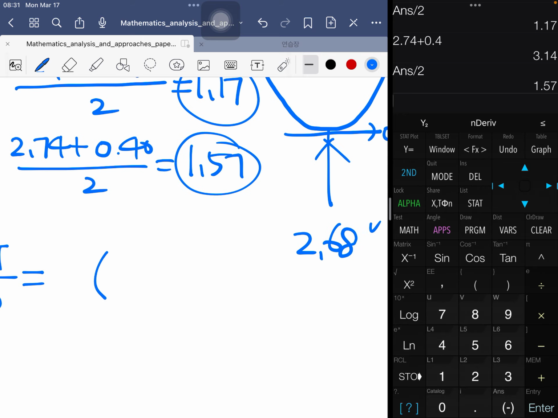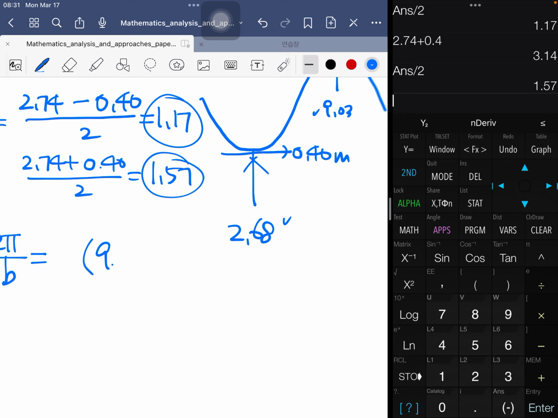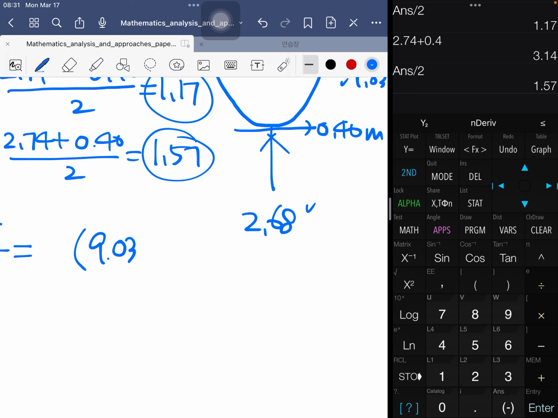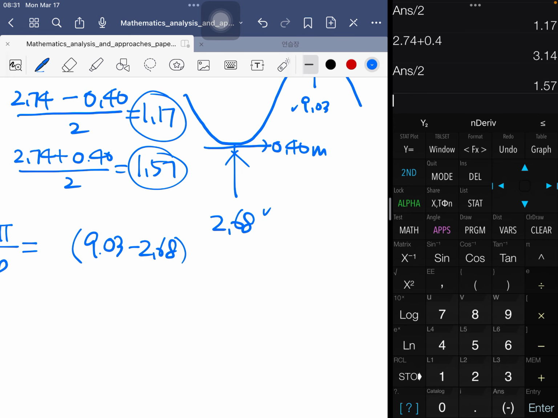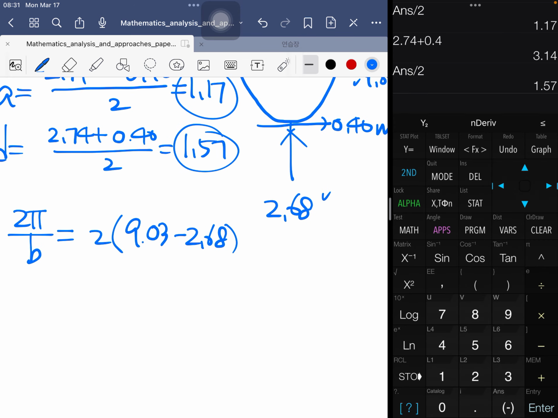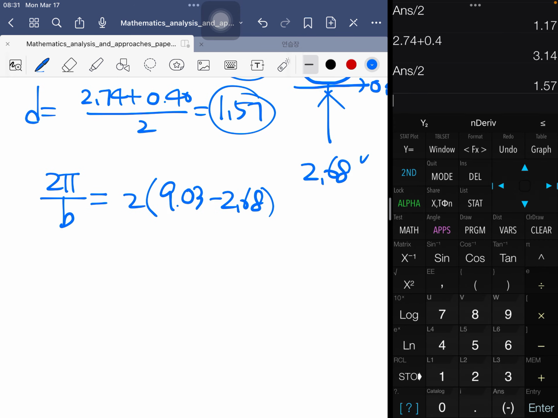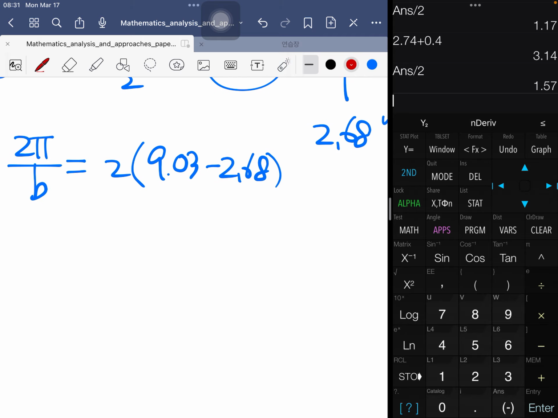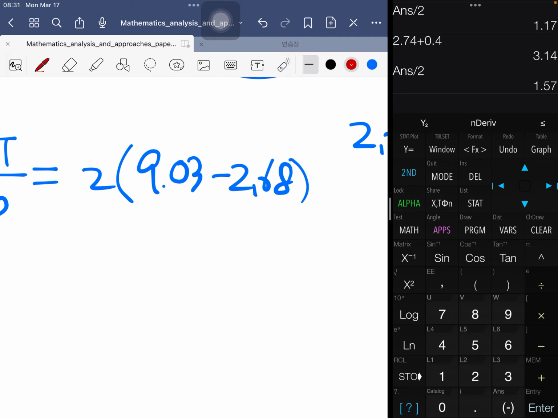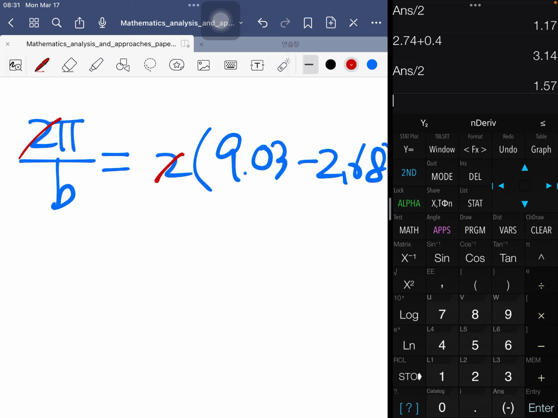So 9.03 minus 2.68 is a half period, times 2. The full period is 2 times the half period, so this cancels out.